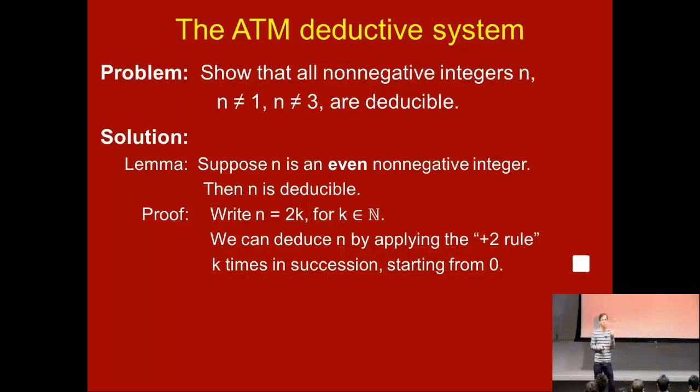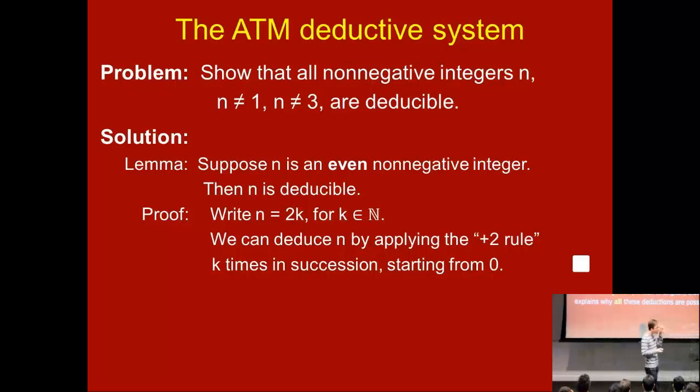Whereas if it's just one object, like 17, you can just say, here it is, there's the deduction. But of course, you can't simultaneously show infinitely many deductions. So you need to give a real mathematical proof written in English that explains why all of these deductions are possible.